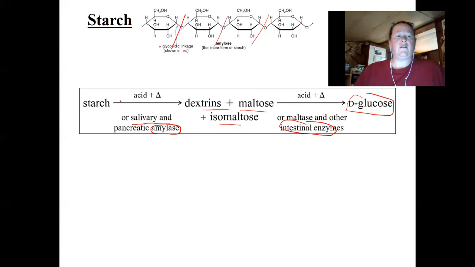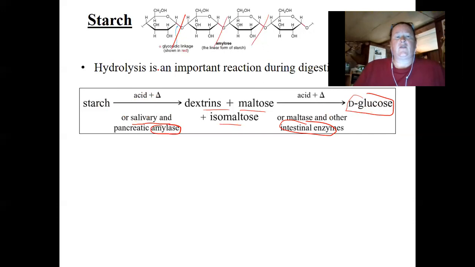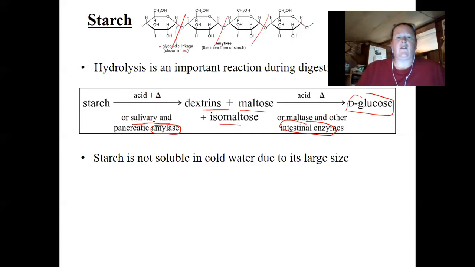So we start digesting that starch immediately with the mechanics of chewing and also with the amylase in our saliva, and it just continues to break down throughout the digestive process. So hydrolysis is the primary reaction that breaks this down.